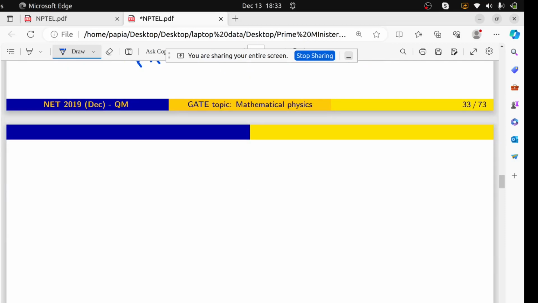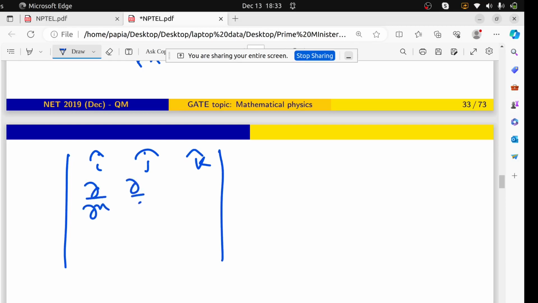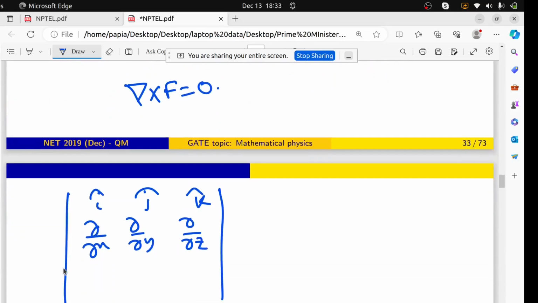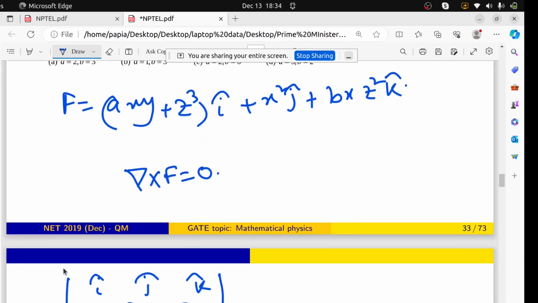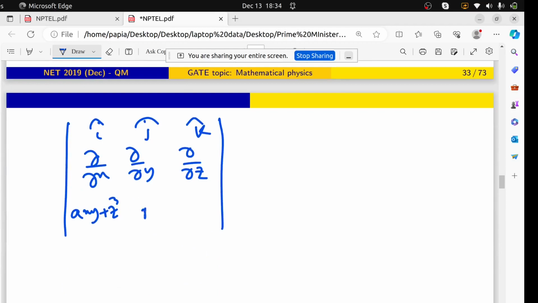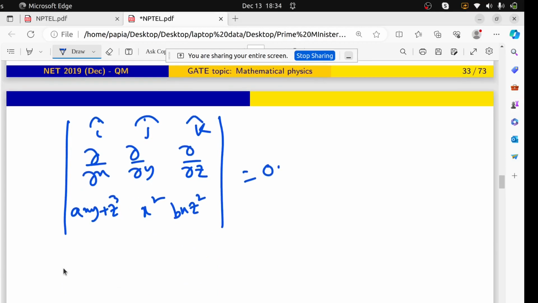So curl of f means the determinant with i, j, k, del del x, del del y, del del z, and then the components axy plus z cube, x square, and bz square. So now do quickly. This will not be the non-zero part, this will be 0, this will be 0.